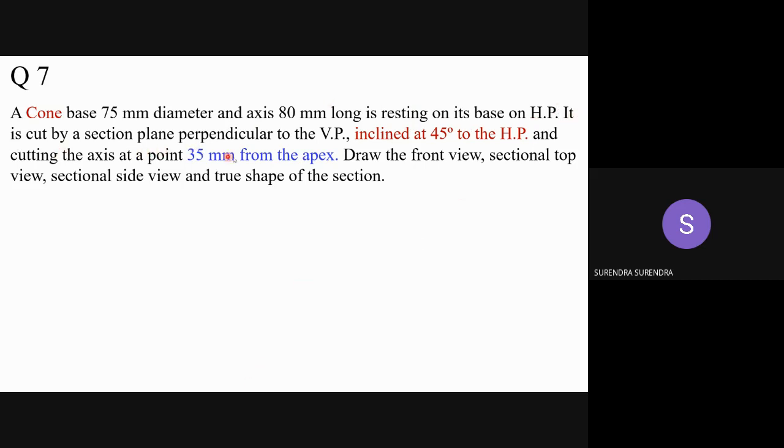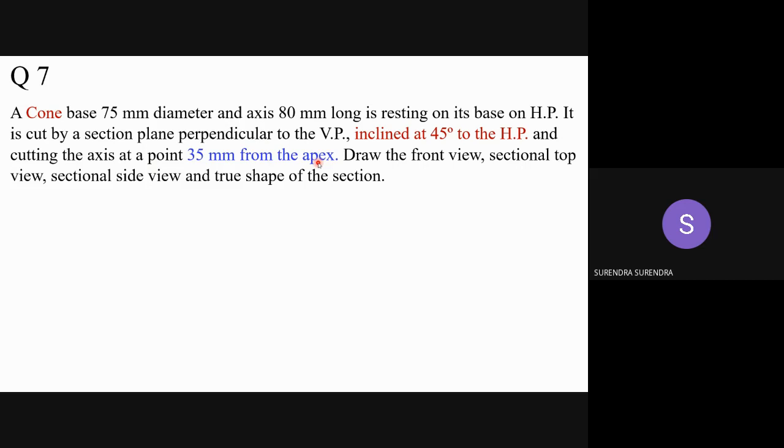It is cut by a section plane perpendicular to VP and inclined at 45 degrees to HP. Same as the previous problem, but it is cutting the axis at a point 35 mm from the apex. So be careful. The distance is given from the apex, so read carefully whether it is from the base or from the apex.